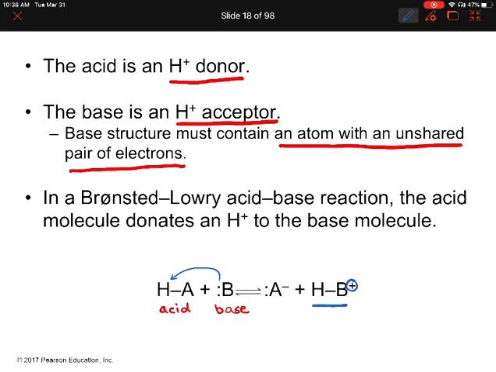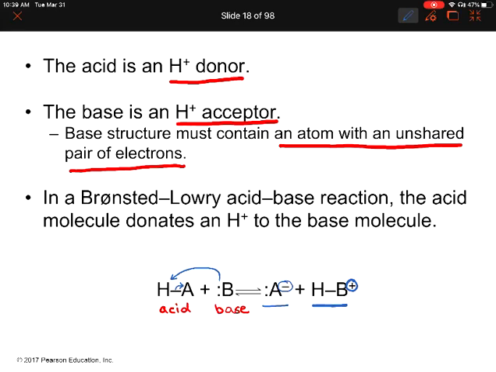And then the acid, after it loses its hydrogen, is going to keep the electrons that were in the covalent bond. So now we get our other product, which is the acid, but this time it has a lone pair of electrons, which was the covalent electrons, and it now has a negative charge.